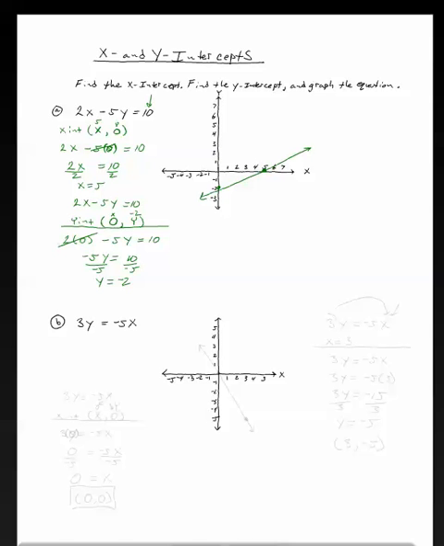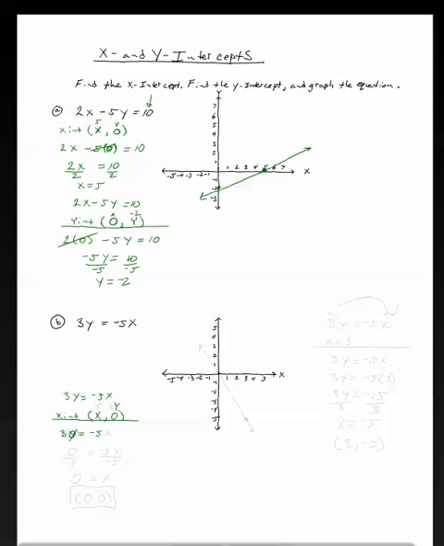We'll start this problem off just like we did the last one. We've got 3y equals negative 5x, and we'll find the x-intercept. So x-intercept is some value for x, 0 for y. Let's go backwards, because remember, this 0 is our y.